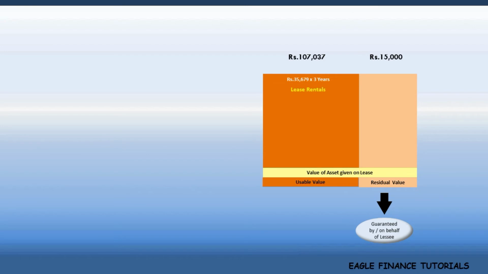Lease rentals and guaranteed residual value together make up the total lease receivables. We know what to do next. We shall calculate the present values. Present value of lease rentals.